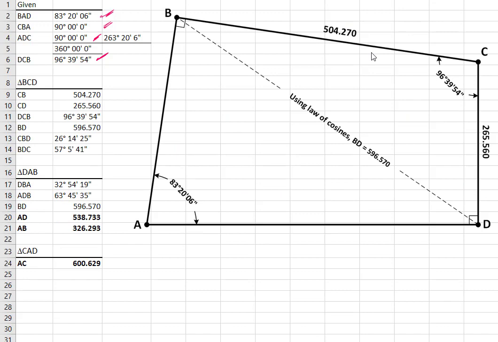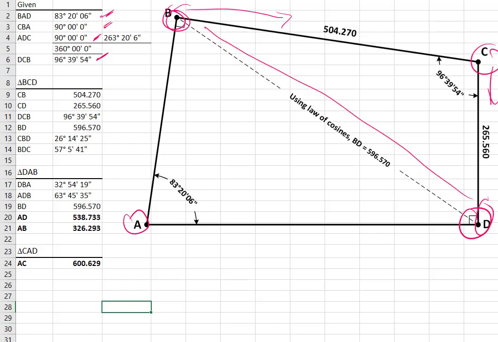So now we have these two triangles. Now we have a triangle ABD, and then we have also the triangle which is B going into C, going into D, and then coming back to B again.